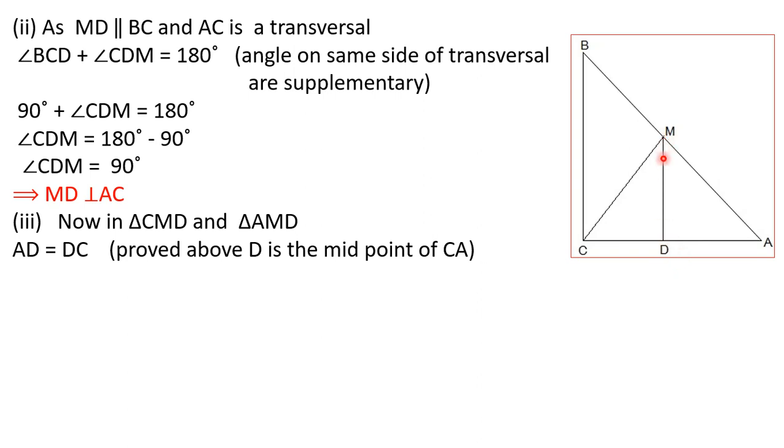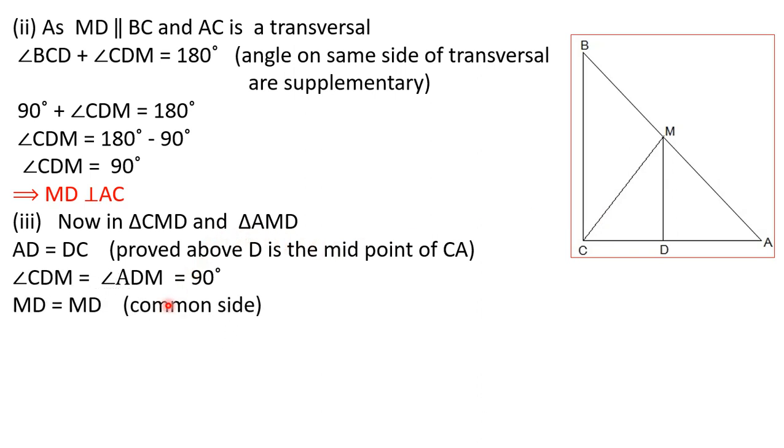Then by the second part, we proved MD is perpendicular, meaning angle MDC is equal to angle MDA, both angles equal to 90 degrees. And the third point is that MD is a common line segment for both triangles. So we have side, angle, side by SAS, where angle D, 90 degrees, is the included angle between side CD and MD.